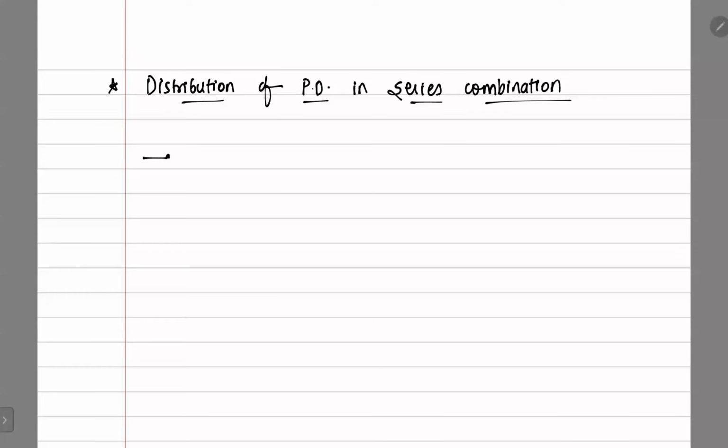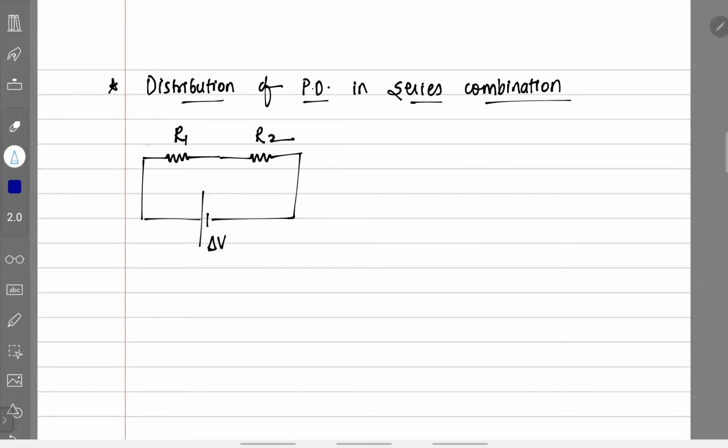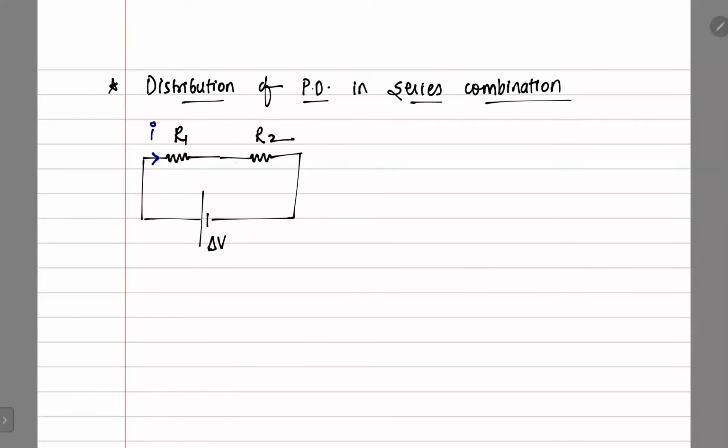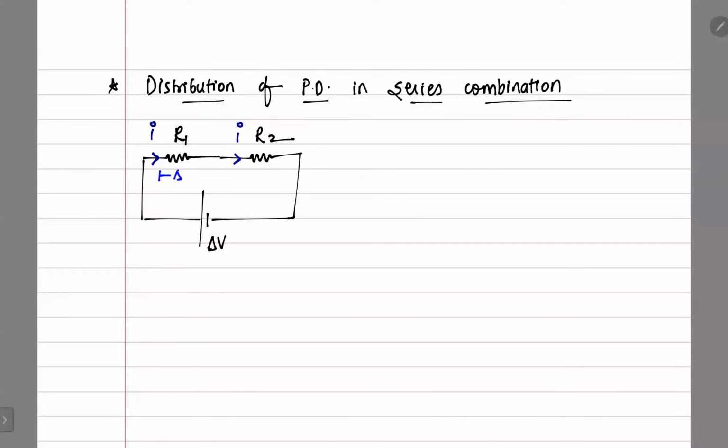Let's say you have R1 and then you have R2, connected to a battery which is supplying a potential difference of delta V. Since it is a series combination, the current through both the resistances will be the same. However, the potential difference can be different, delta V1 and delta V2.